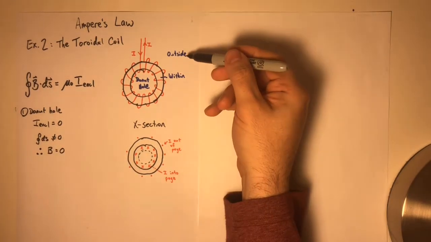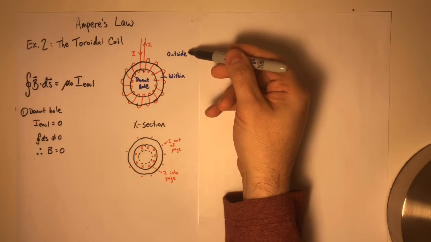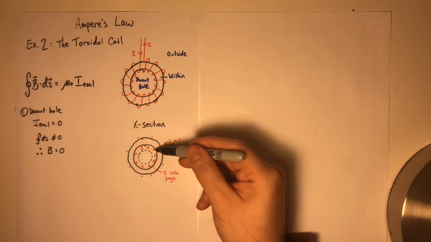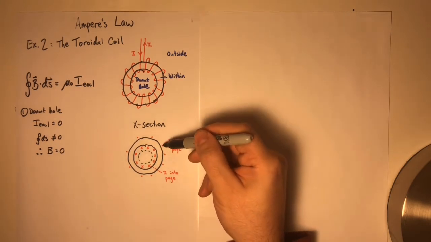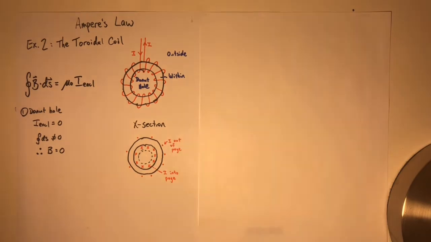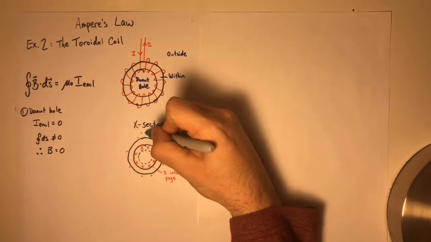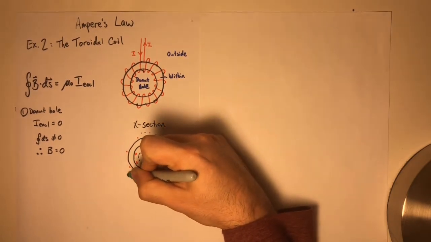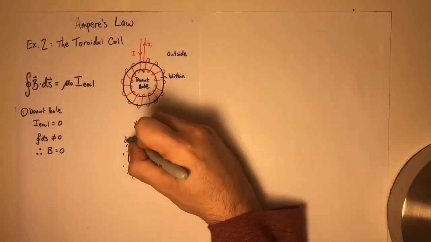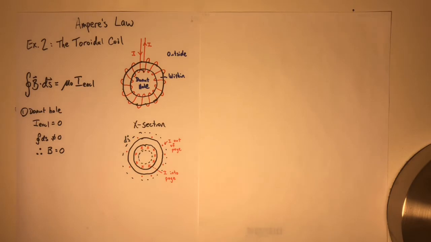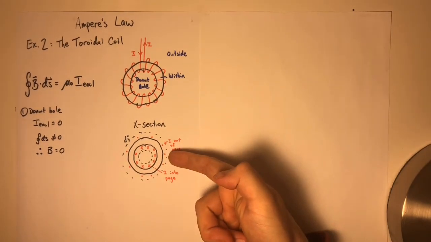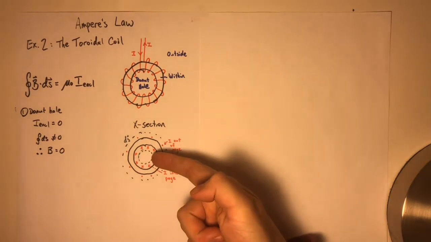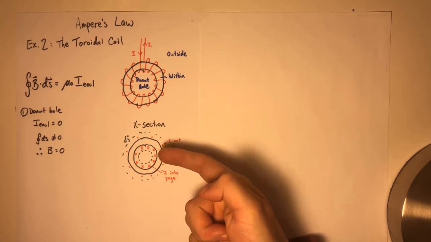Similarly, outside of the toroid, in this region here, you can see that because of the way the wire is wrapped around the torus, every time you get a current that points into the page, that same wire carries current out of the page here. This means that if we were to start drawing an Amperian circular loop around the outside, this loop, although it encloses many turns of wire and therefore many currents, encloses just as many into the pages as it does out of the pages.